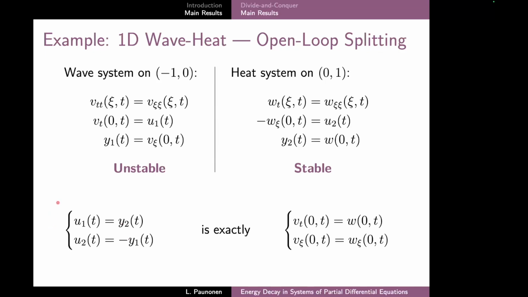And with these choices of inputs and outputs for our two systems, this interconnection becomes exactly the pair of boundary conditions in our original model. So this decomposition shown here is an appropriate one for our analysis.